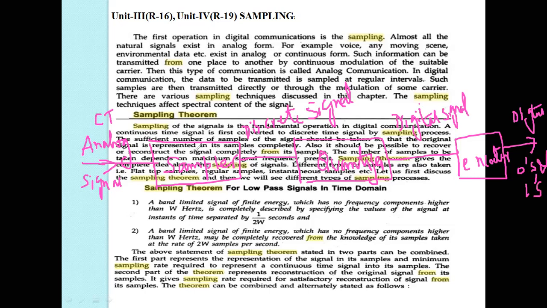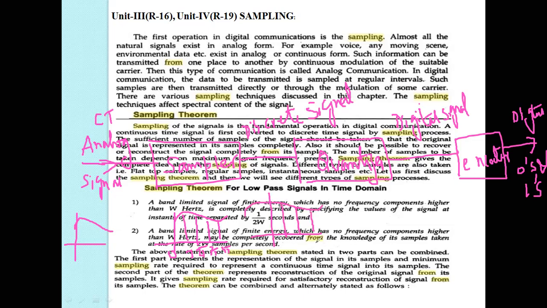So this is a block diagram of the sampling. The signal is continuous here, and this continuous signal is sampled at regular intervals: 0, T, 2T, 3T, and 4T, and this signal is a discrete signal.